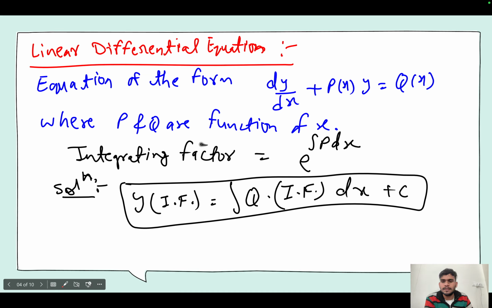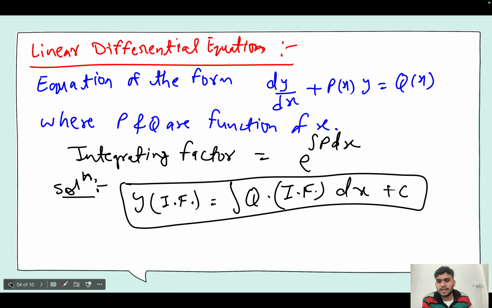The solution of this type of differential equation is given by y times the integrating factor equals the integration of Q times the integrating factor dx, plus c.